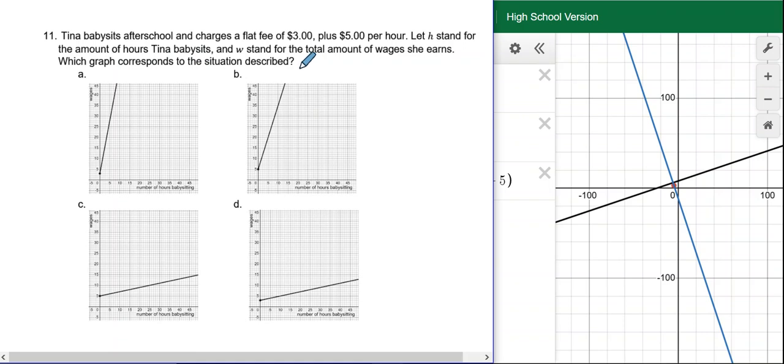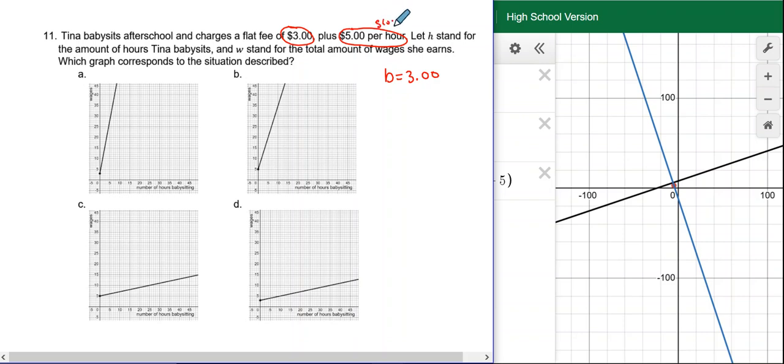Which graph corresponds to the situation described? All right, so it looks like Tina starts with a flat rate of $3. So this actually will end up being your y-intercept. So you have your starting flat fee at 3, and then this right here is your slope. It's per hour.